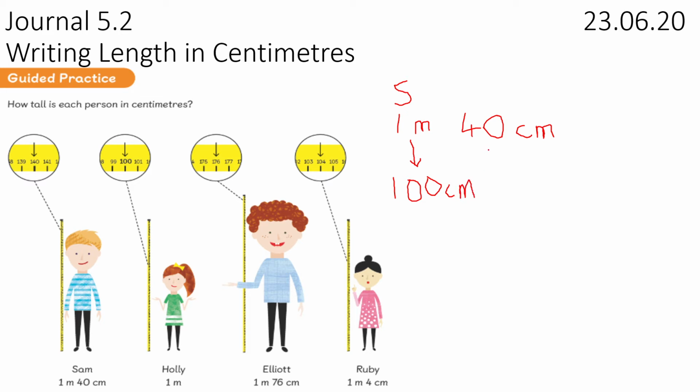And then we need to add on the 40. So 140, I'm nearly giving you the answer already. I haven't really got room, I'm just going to write it below. 140 centimetres. Well done, guys.